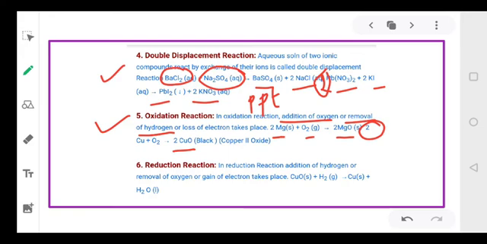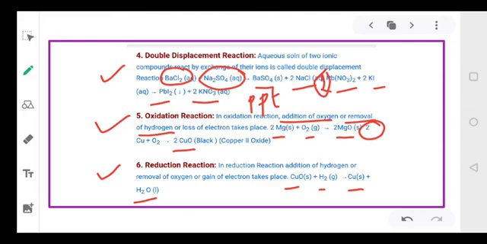What is the color of copper oxide? It is black in color. Next is reduction reaction. Reduction means addition of hydrogen or removal of oxygen. For example, CuO plus H2 will give you Cu plus H2O.